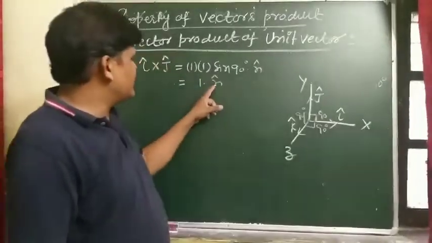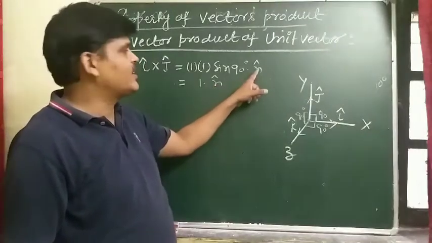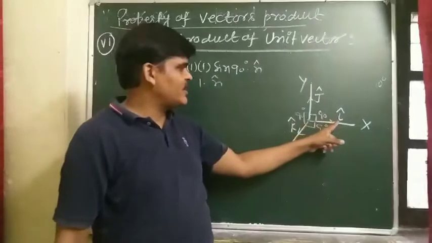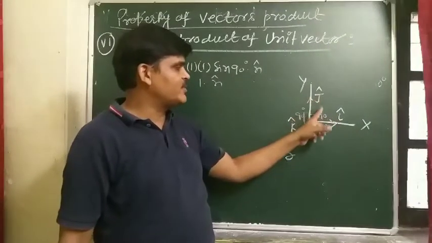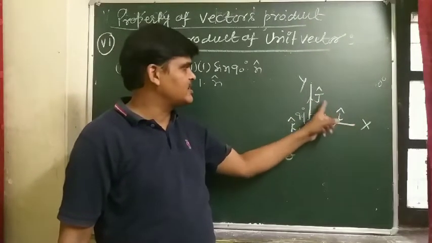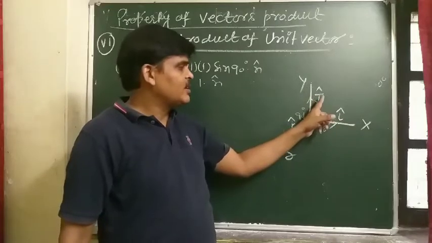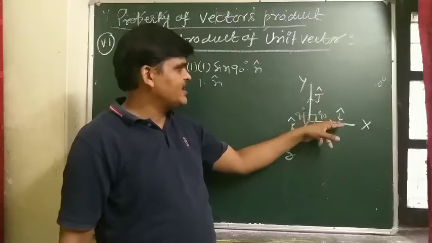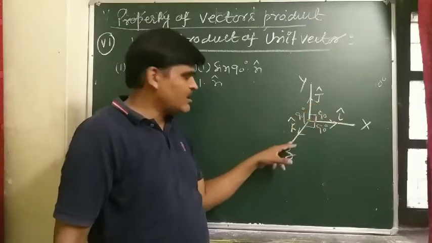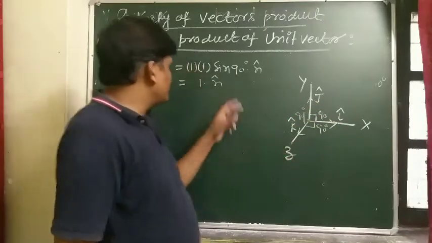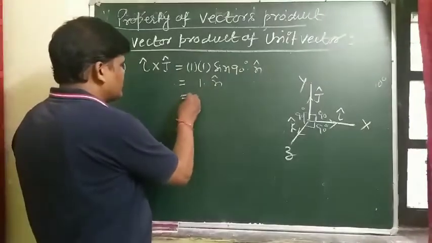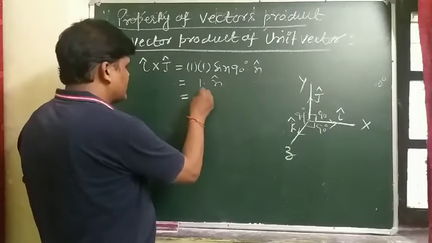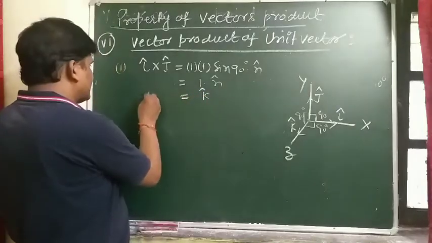So one thing should be remembered: in place of unit vector n, perpendicular to the plane containing unit vector i cap and j cap, along the x axis as well as the y axis, the perpendicular is along the k axis. So in place of n we can put unit vector k.